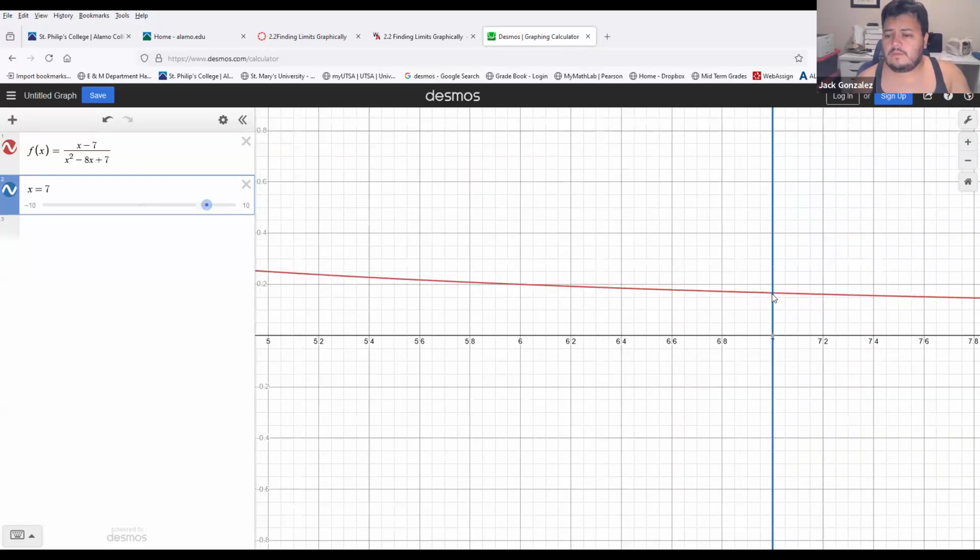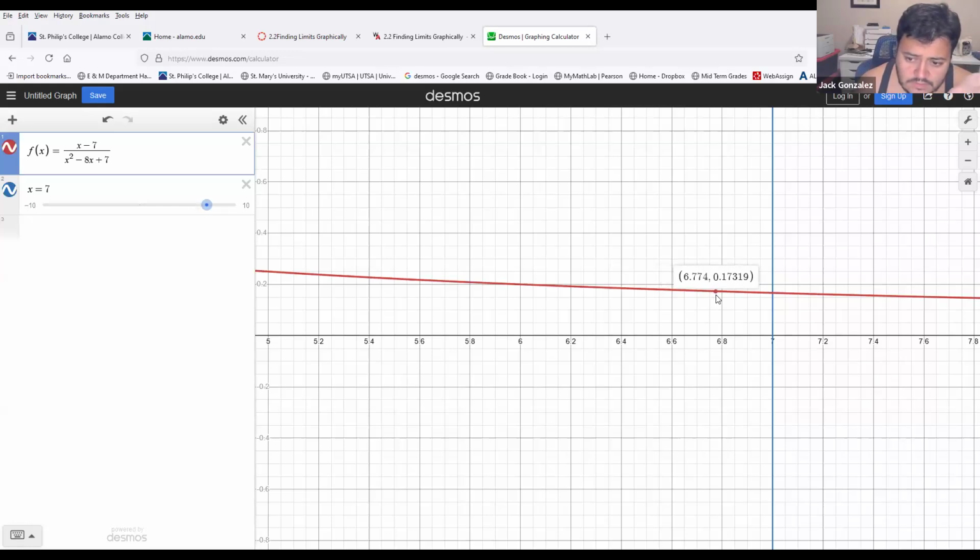So here's 7. As I approach from the left side, what is the function doing? As the x's get closer and closer to 7 from the left, the question is asking, what are the y values doing? In other words, what is the function doing? See how it's getting closer and closer to 0.167.